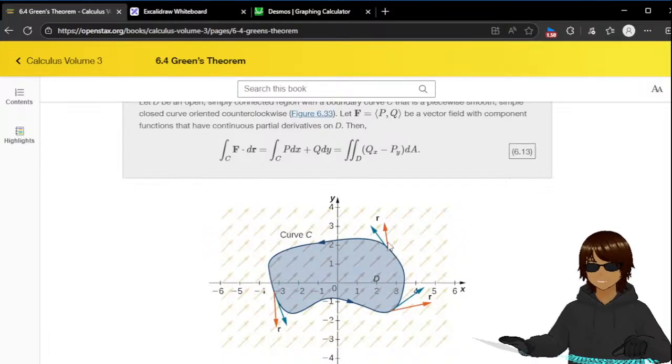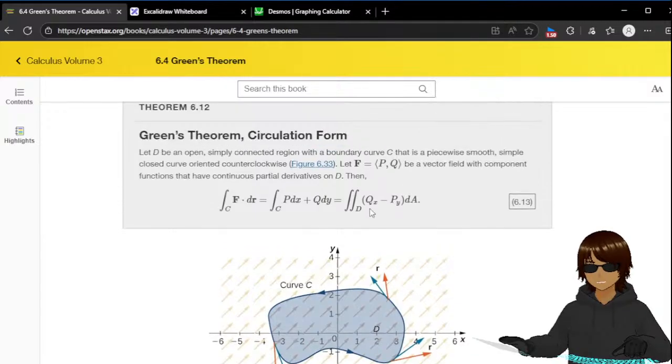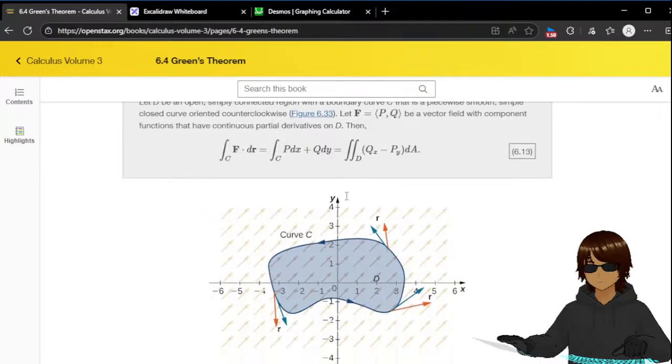Oriented counterclockwise means the curve is going in a counterclockwise direction. Let F equals P, Q be a vector field with component functions that have continuous partial derivatives on D. Then this vector line integral can be written as the double integral over D of Q_x minus P_y, the derivative of Q with respect to x minus the derivative of P with respect to y.